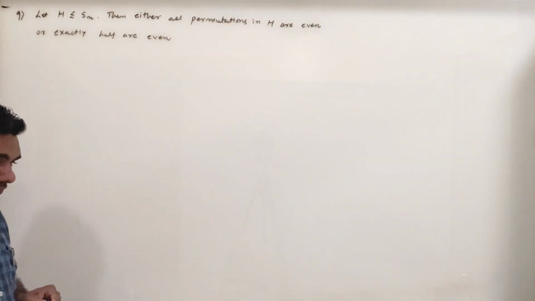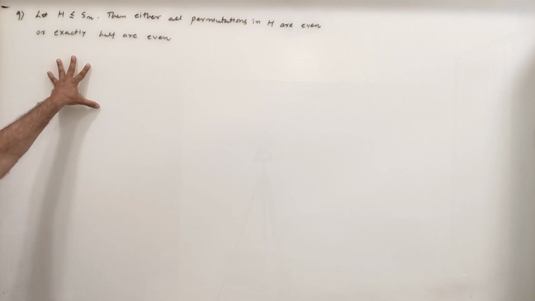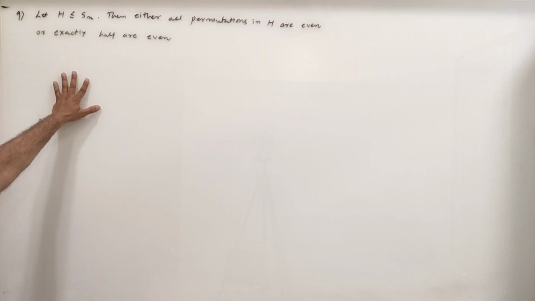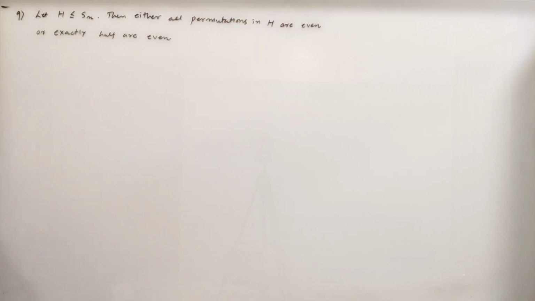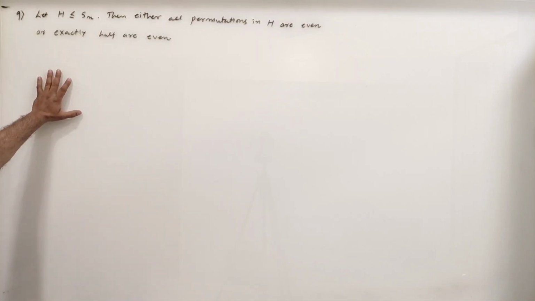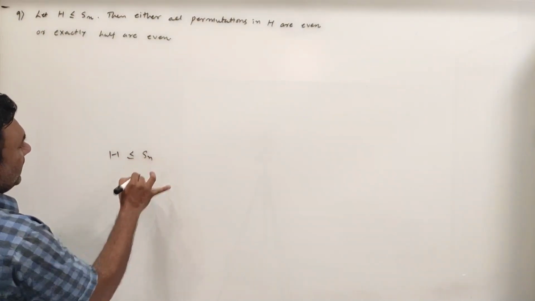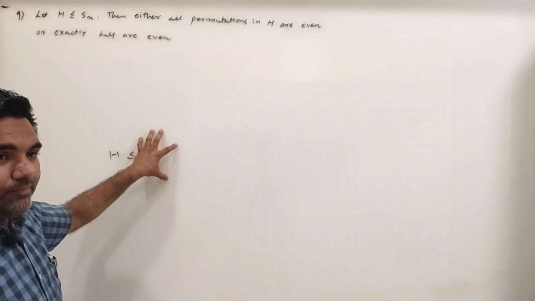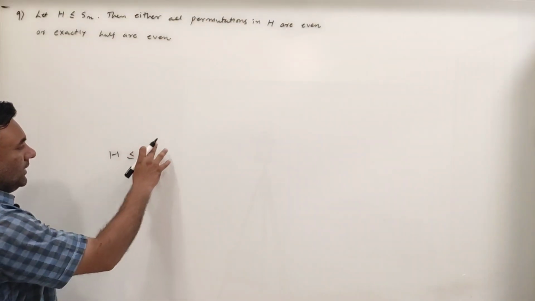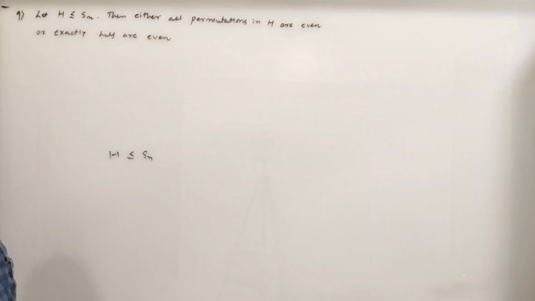Okay, so what does this result want to say? Let us try to understand this result first, then we will prove it. So H is any subgroup of Sn, and Sn is a group of permutations. So in H, elements of Sn are coming.